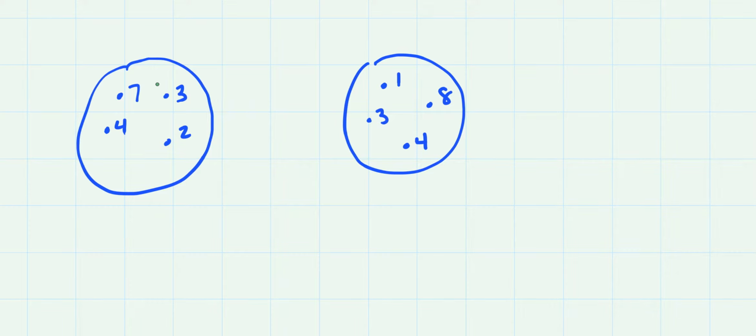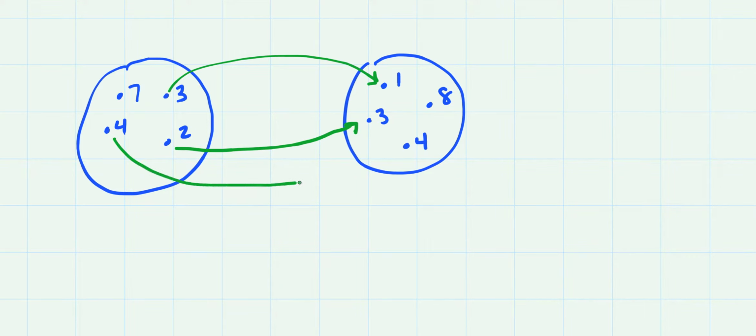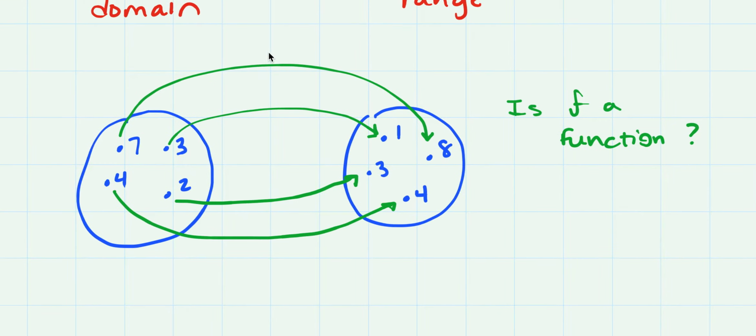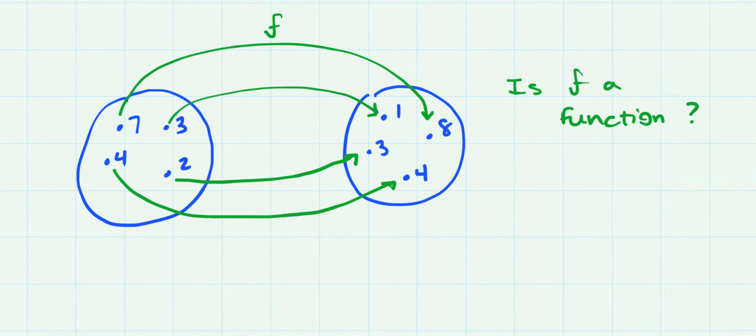We're going to send 3 to 1, 2 to 3, 4 to 4, and 7 to 8. Is this a function? In fact, we're going to say, is f a function, where f is this map here. This is my domain, and this is my range.